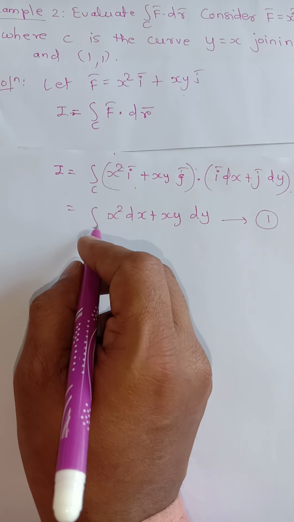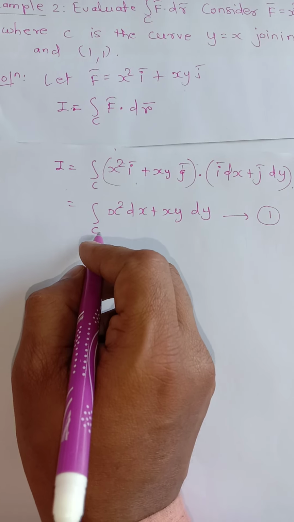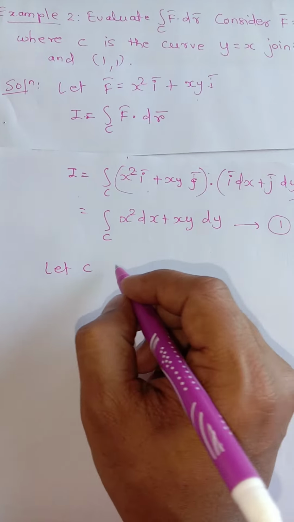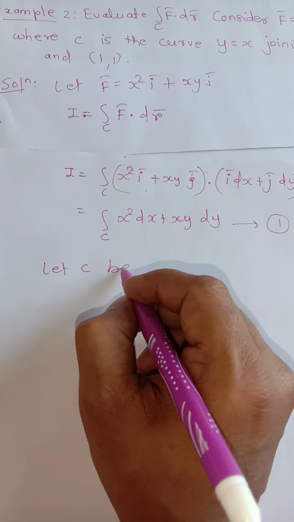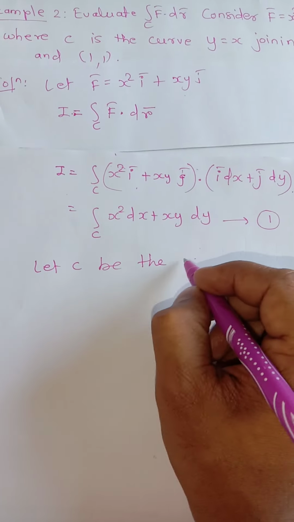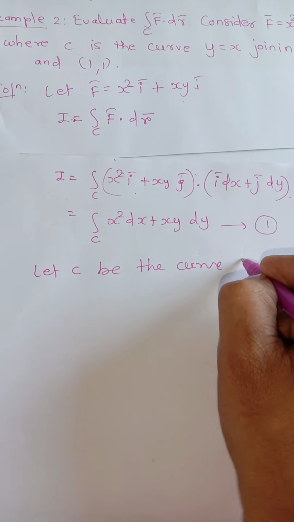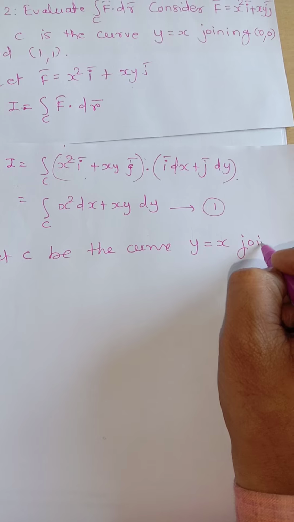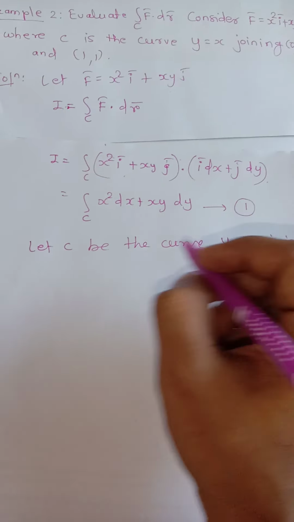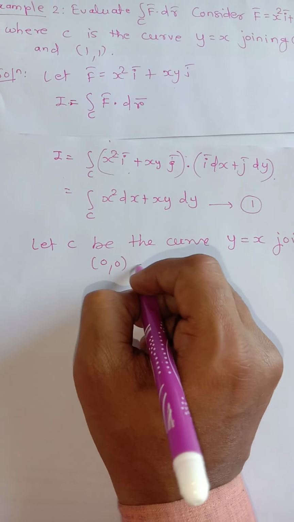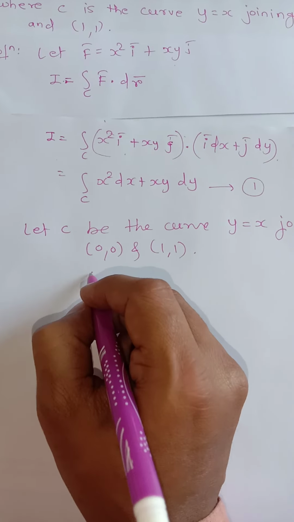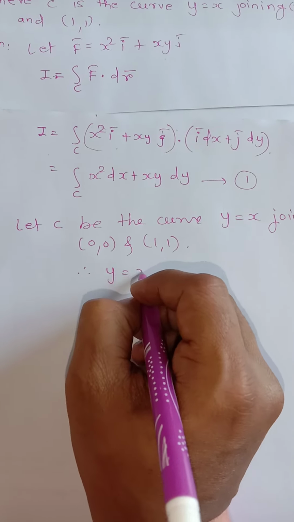We have to evaluate this integral over a curve C. So let C be the curve y is equal to x, joining the points 0, 0 and 1, 1. So y is equal to x.